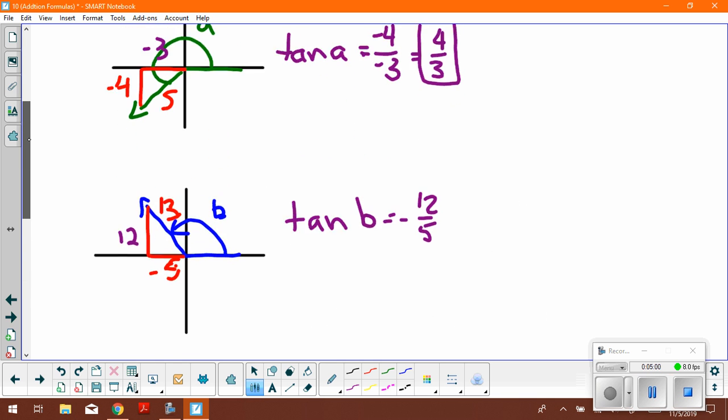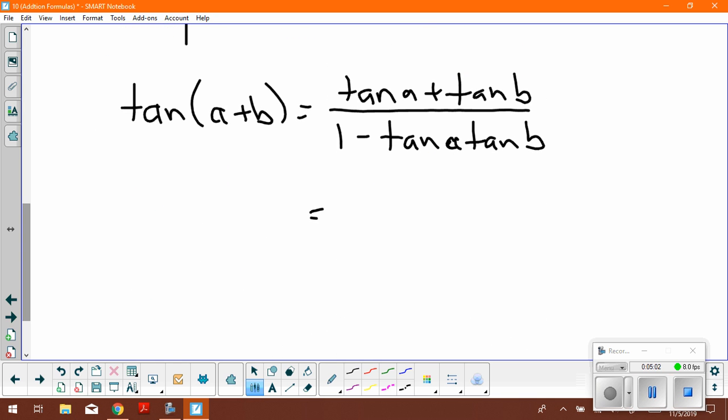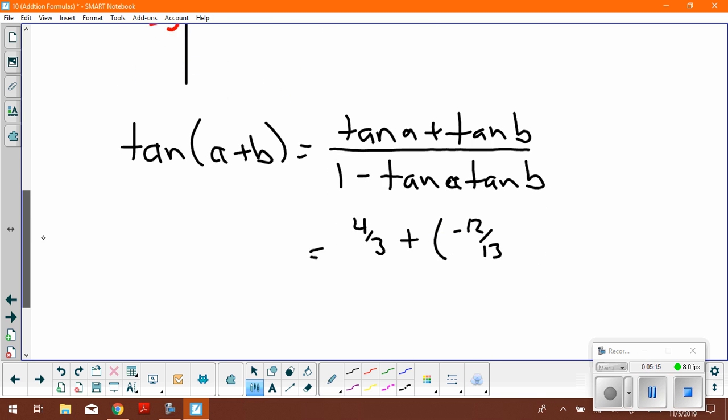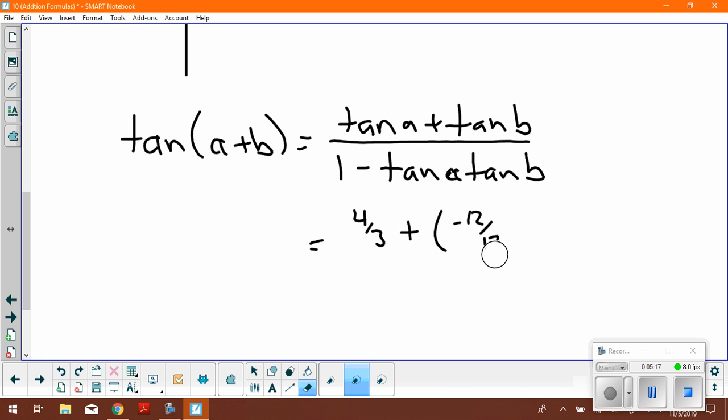So we had tan of A was 4/3. Okay, tan of B is negative 12 over 13. No, wait, that was 5, wasn't it? Negative 12 over 5, pardon me.